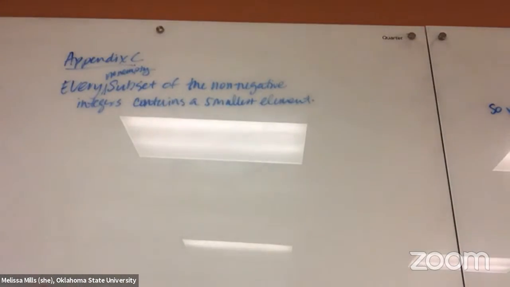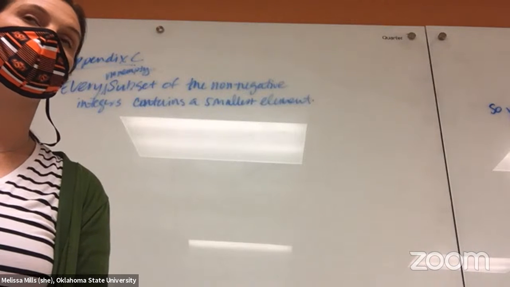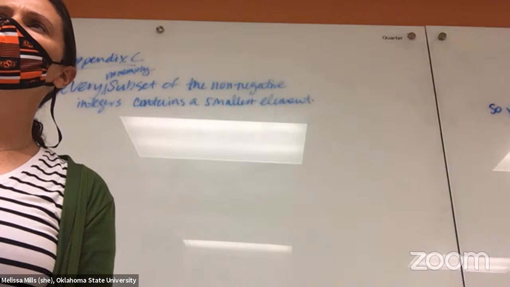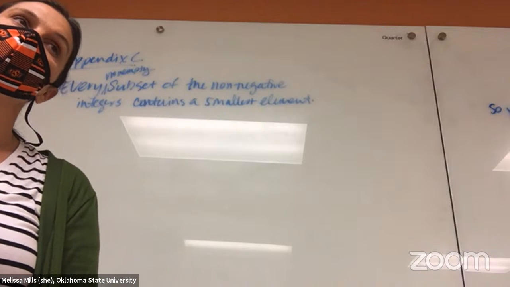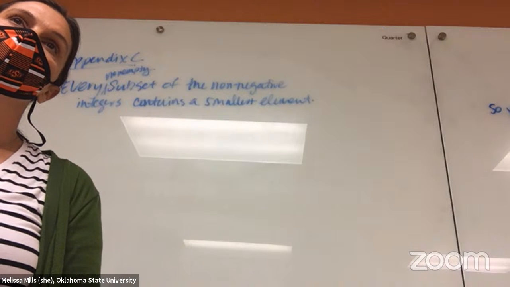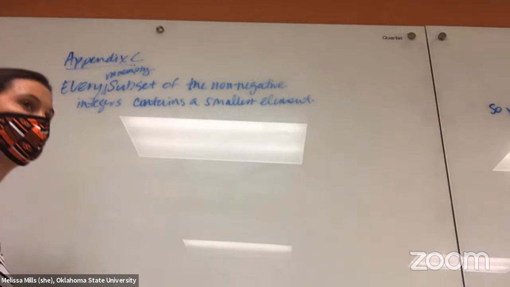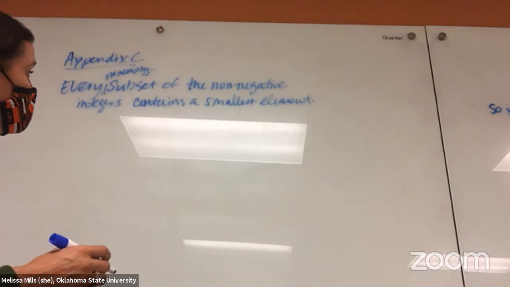Okay, and again, this is not true of the real numbers, say, because do you remember talking about this? Can we create a set of real numbers that does not have a smallest element? Yes, all of them, including the negatives.